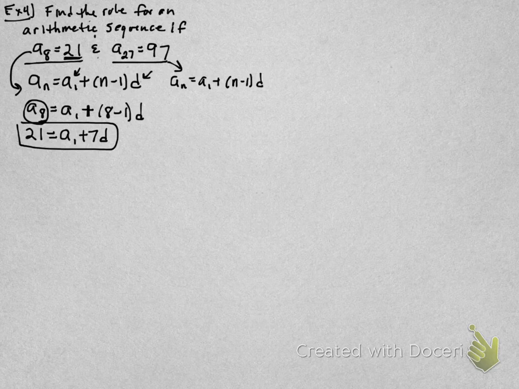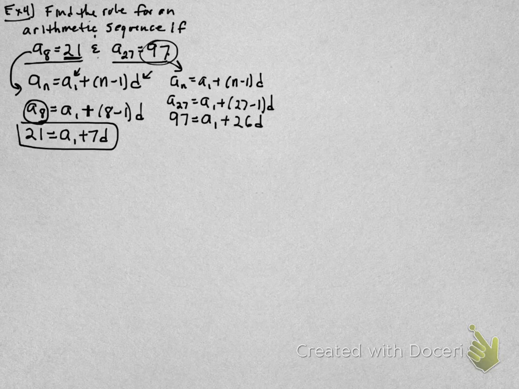I know my 27th term, so a sub 27 is going to be a sub 1 plus the n value, which is 27 here, take away 1 times d, and a sub 27 is 97. So I'm going to plug in 97 equals a sub 1 plus 27 minus 1 is 26d. Here's another equation that's got two variables.